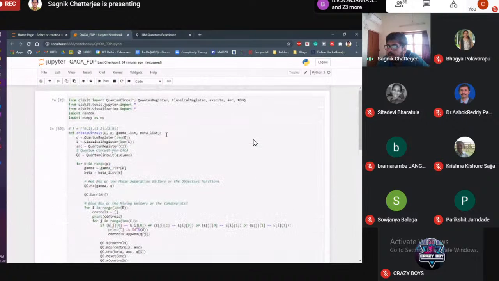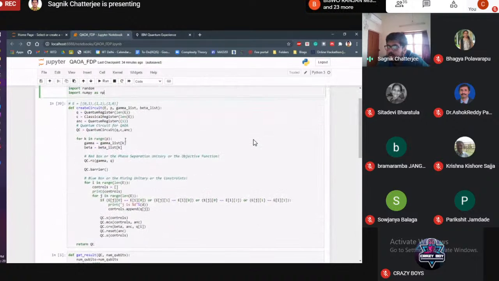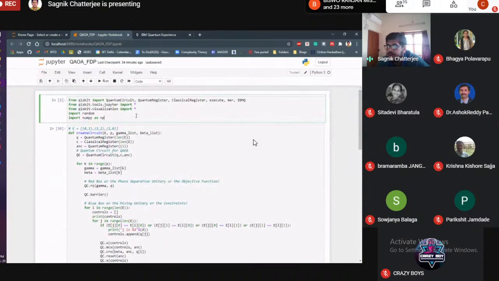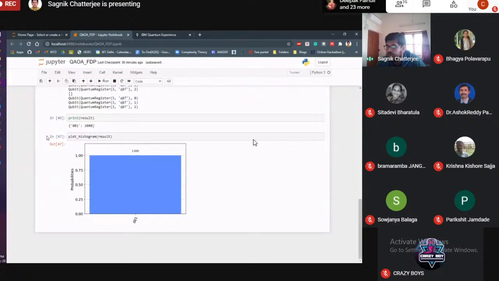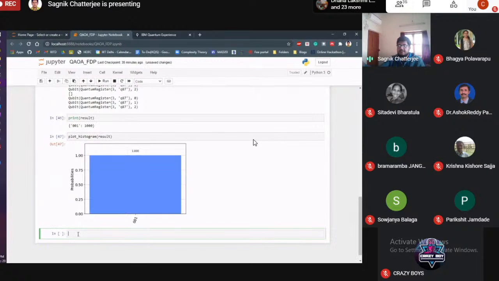Let's go through this once. What we did was that we created a circuit with two types of boxes, the red box. Oh, yeah, one thing I can show. Suppose we want to see what the circuit looks like. We can draw the circuit in a lot of ways.